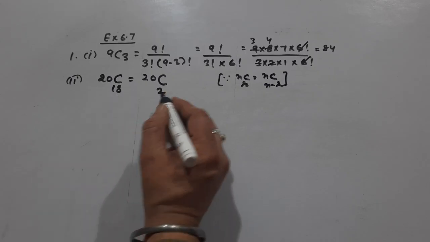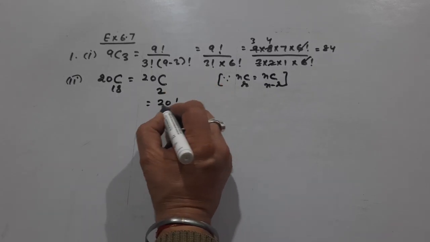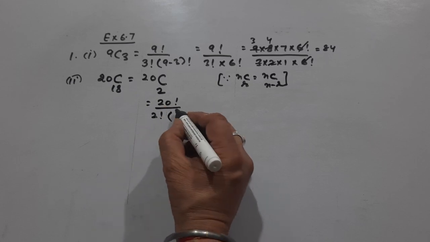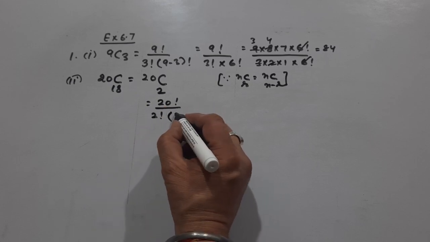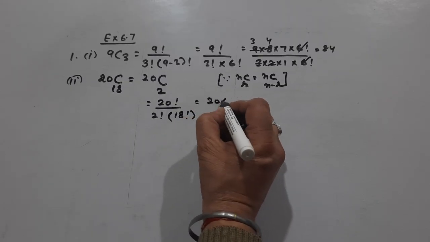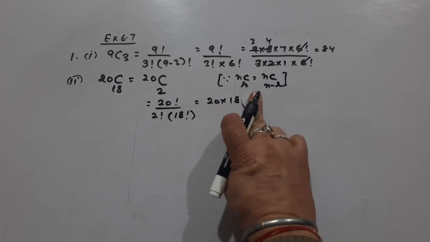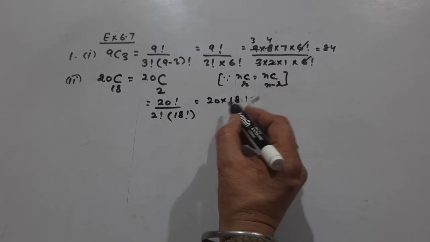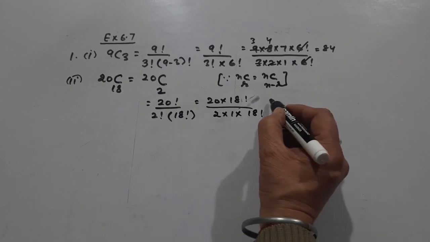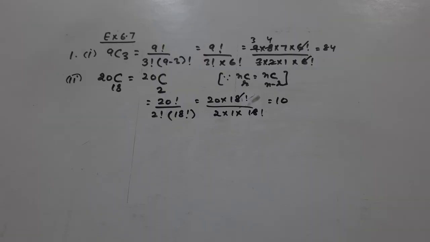Now 20C2 is equal to 20 factorial upon 2 factorial into 18 factorial. Solving it, 20 into 19 into 18 factorial upon 2 into 1 into 18 factorial. So this is equal to 190. So 20C18 equals 190.